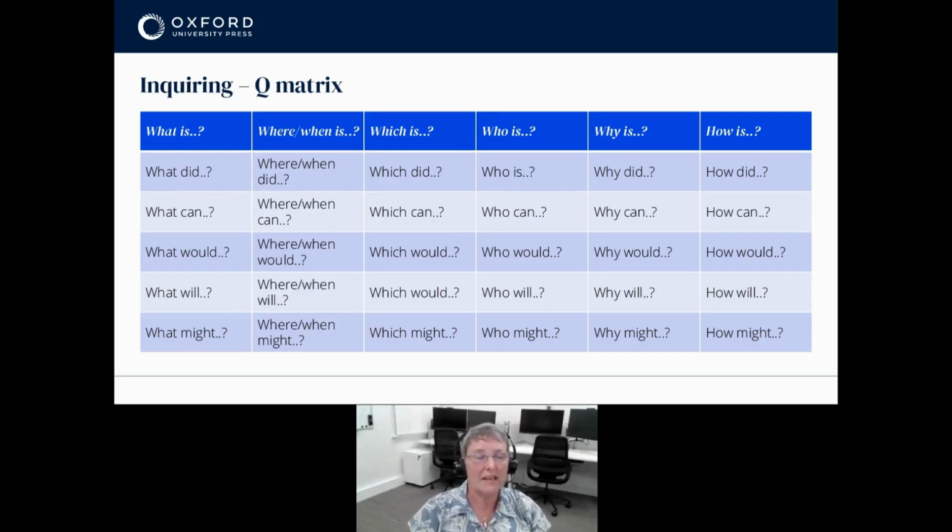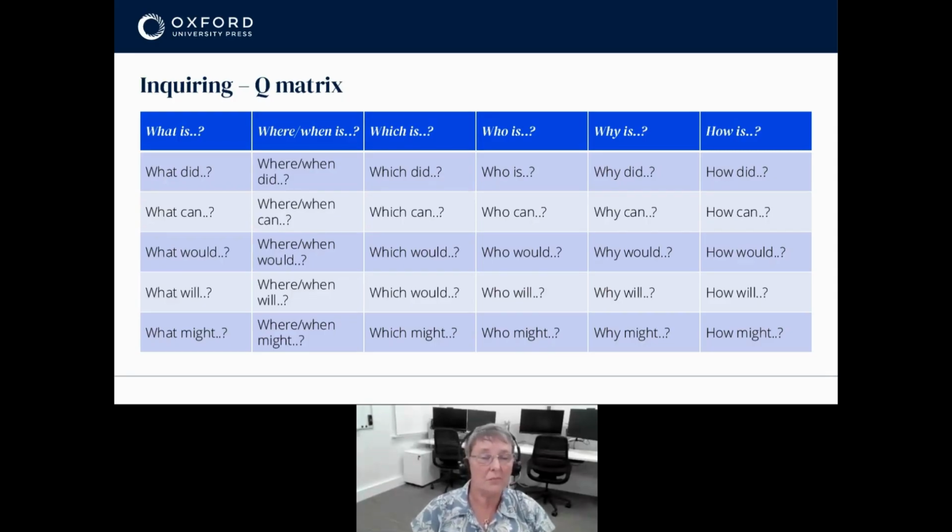So all of a sudden, their thinking is going broader and they're having to do thinking as opposed to rote answers. The same goes as you move across. Asking how did something happen, how will something happen, how might something happen are much more open questions. Students have to think before they can provide answers, because there's no automatic answer.